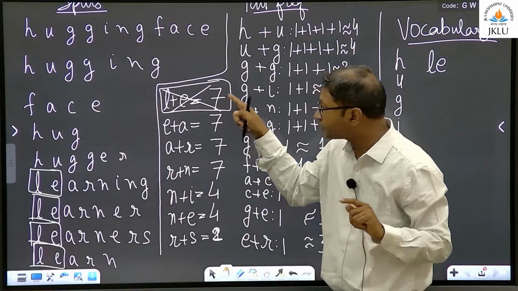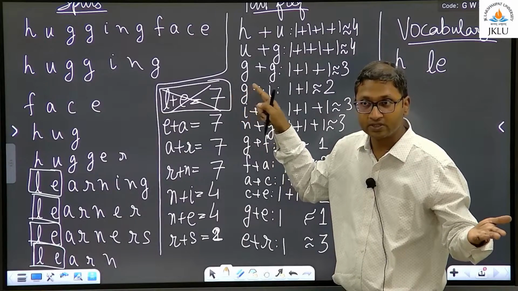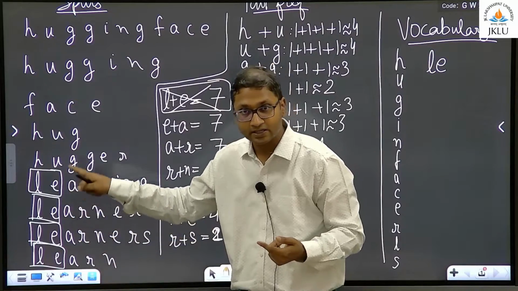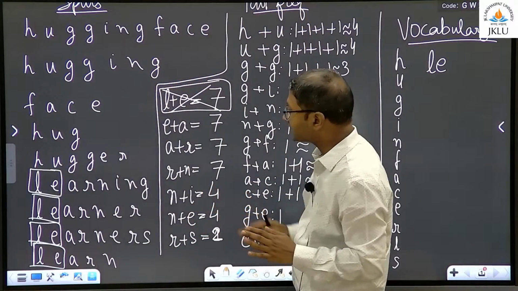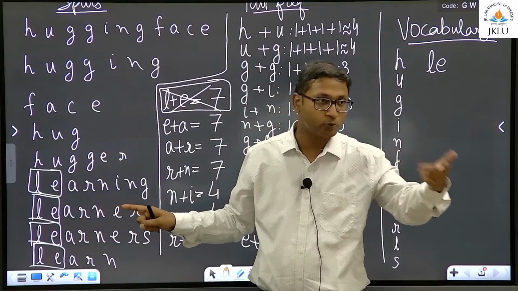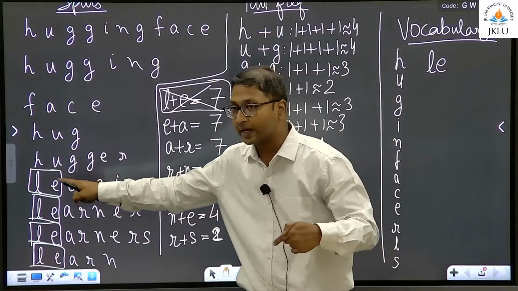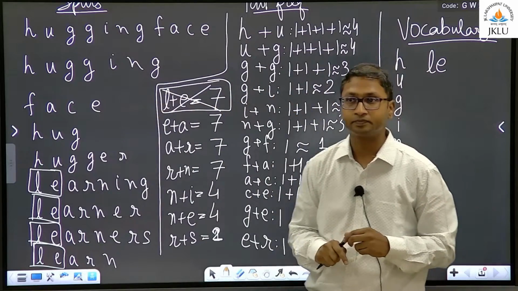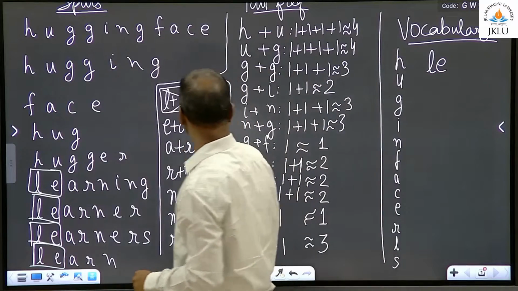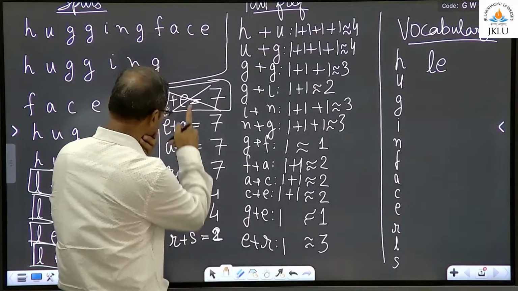So I need to come up with something new. What is that new? LE plus A, is that new? So everything else remains the same, but LE plus A needs to be added here because LE is my new vocabulary. So where should I do this? Here itself.